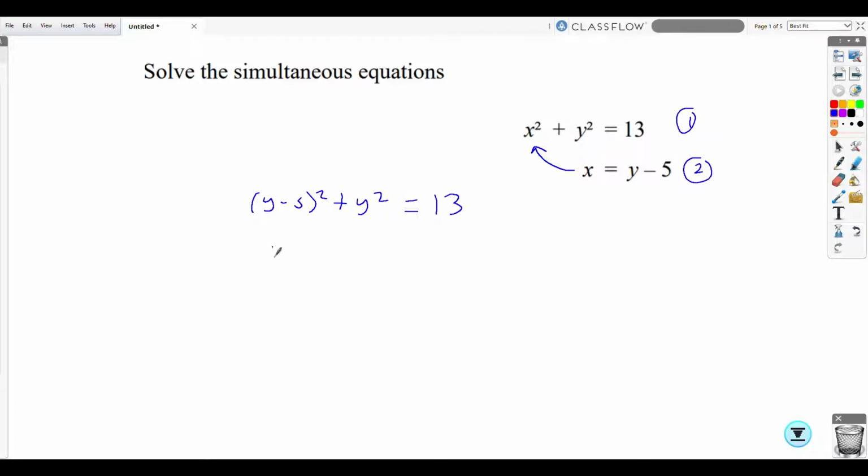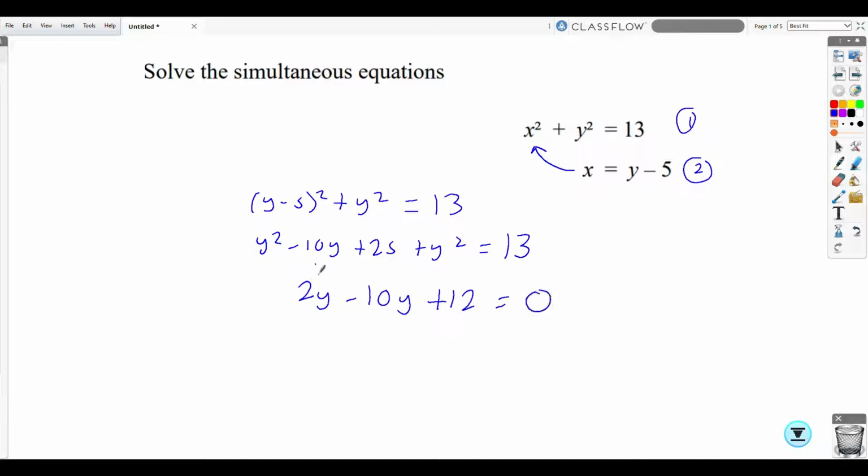If you expand the (y minus 5) squared, you'll get y squared minus 10y plus 25, plus the other y squared equals 30. If we simplify this, we have 2y squared minus 10y. I've got a 25 here. I want to take away the 30 because I want to get a 0 on the right hand side so that I can solve the equation. So 25 minus 30 is a minus 5.